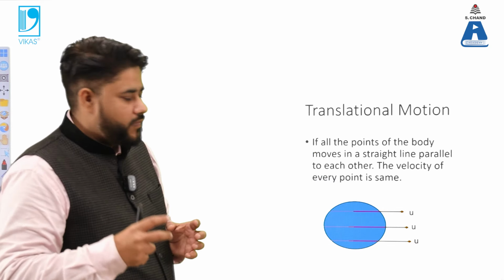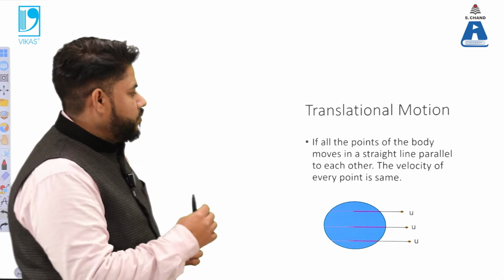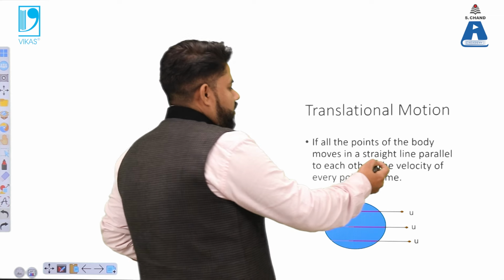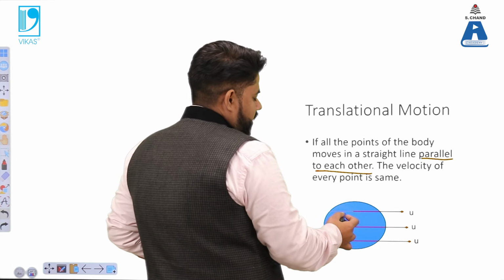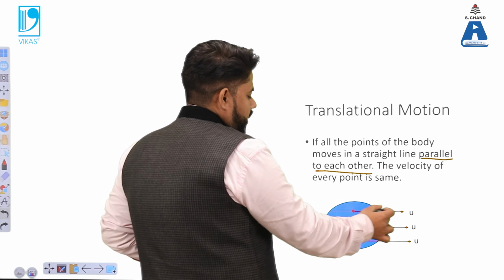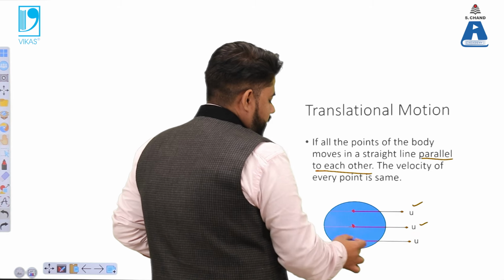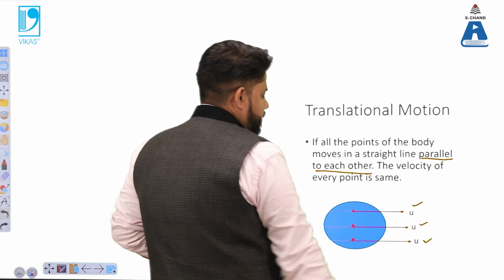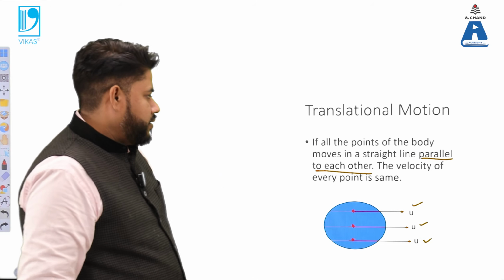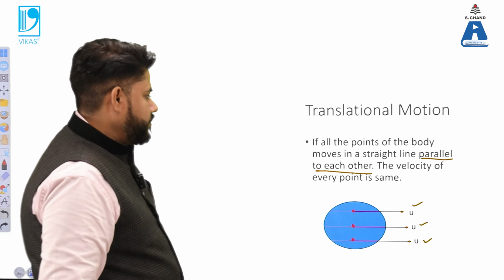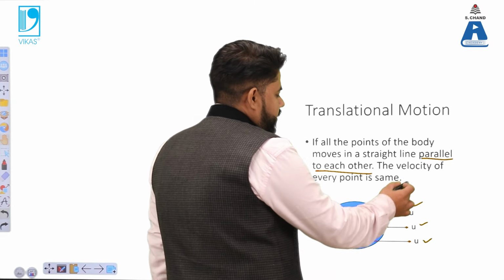As per the definition of the translational motion, if all the points of the body move in a straight line, so you have a body in which the different points are moving in a straight line, and those movements are parallel to each other. Let's say you have one point on the body having a motion, then another point, and a third point, all having a motion in the same straight direction, and those lines are parallel to each other.